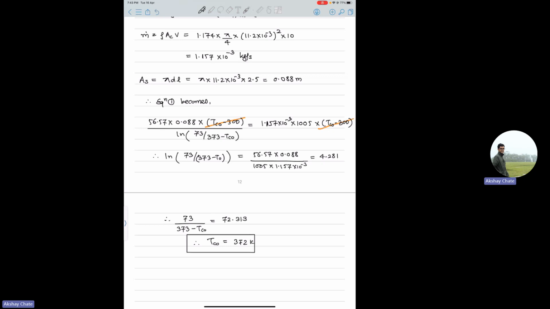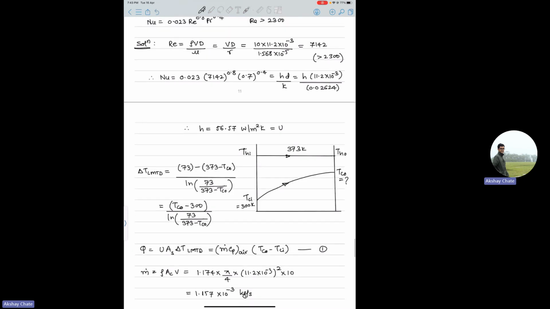Okay, one second. Does this make any sense? It can happen. It's not like an impossible event. The only thing that I'm worried about is whether we have calculated H correctly. But other than that, everything is fine.